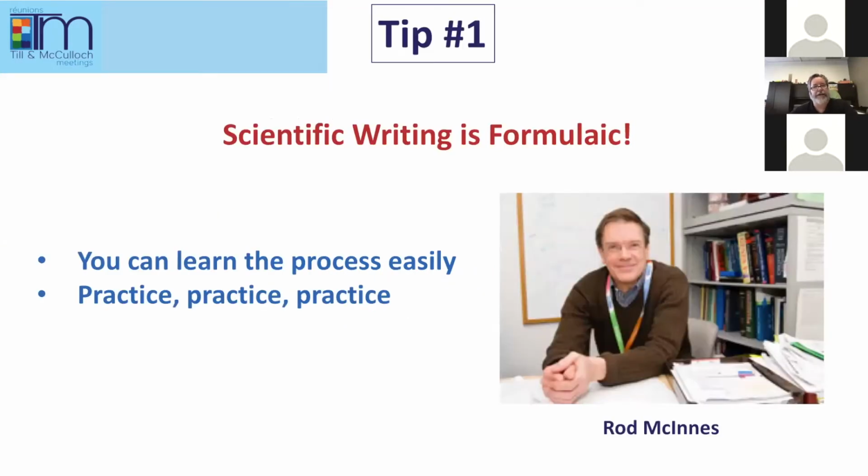So here's tip number one. It's good news. Scientific writing is formulaic. This is a direct quote from my good friend, Rod McGinnis. He was the first scientific director for the Institute of Genetics and the past interim president of CIHR. Great scientist, great clinician, great teacher.